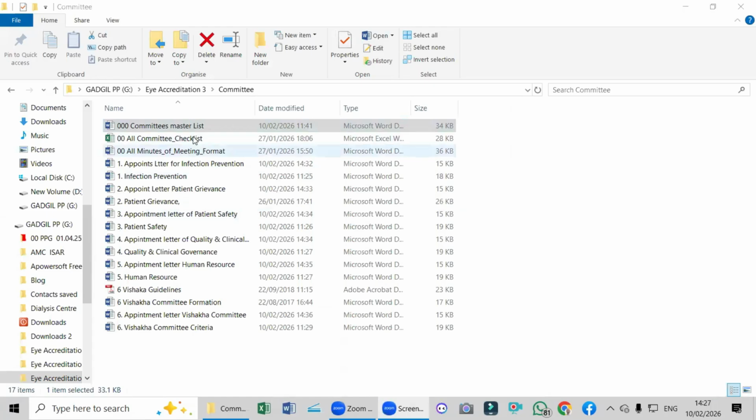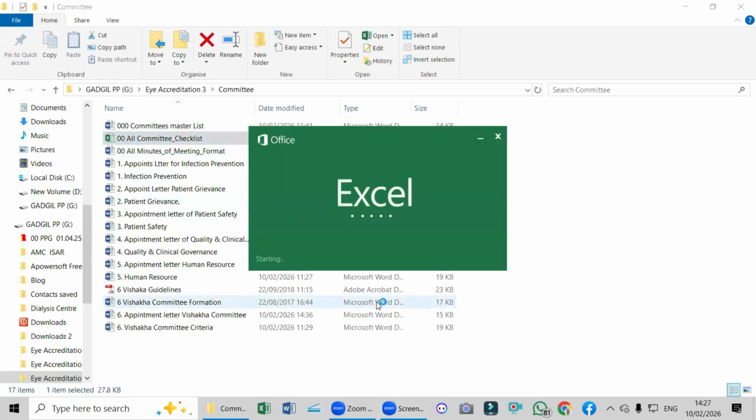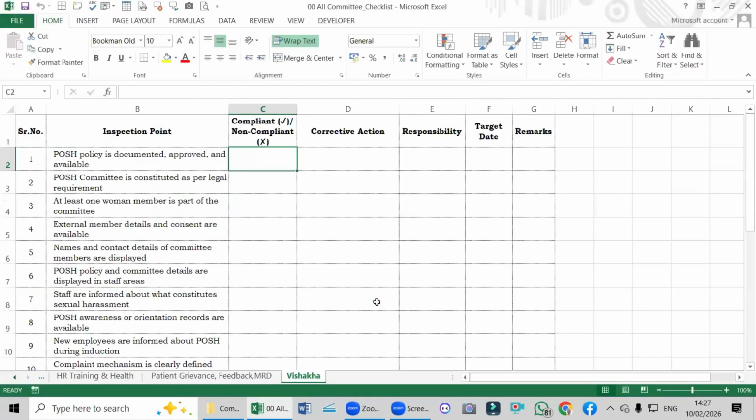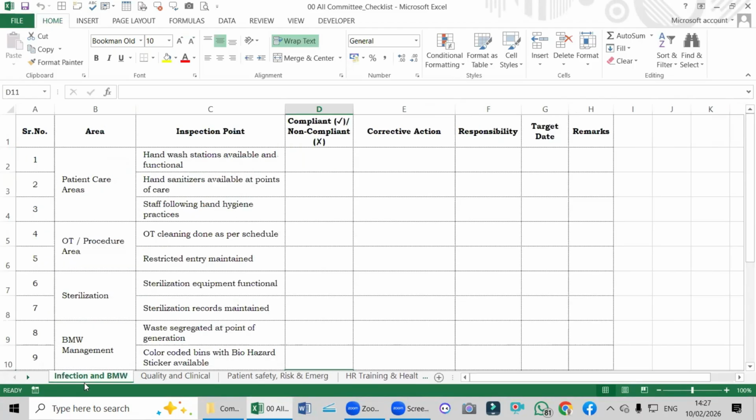That means checklist. Now the question is, when the committee goes around, what exactly do they check? If you look at this sheet, are you seeing the sheet now? Yes, sir.